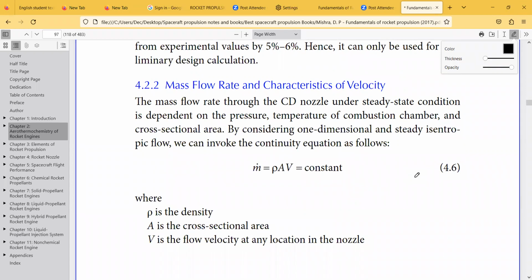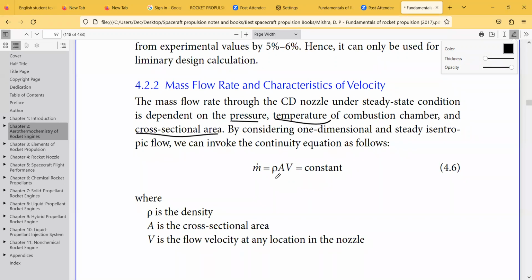The mass flow rate through a convergent divergent nozzle under steady state condition is dependent on pressure, temperature, and the velocity of the combustion chamber. So it is dependent on chamber pressure and chamber temperature. Okay, and the cross-sectional area also has its own effect.